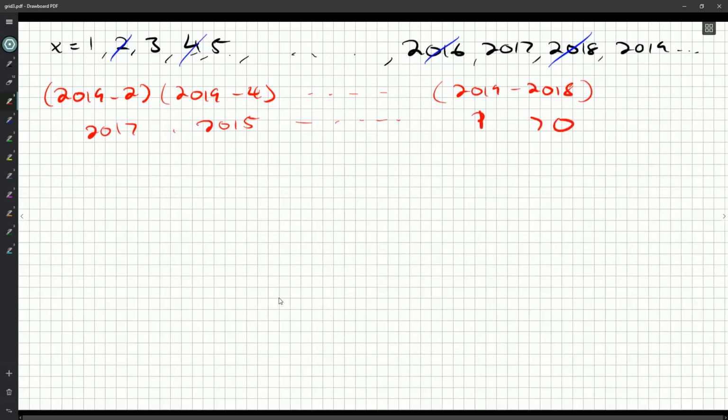This will be positive. In fact, anything beyond this is too big; it's going to be positive. So this leaves 1, 3, 5, up to 2017. So for the negative case, we're looking at numbers that look like 2k minus 1.